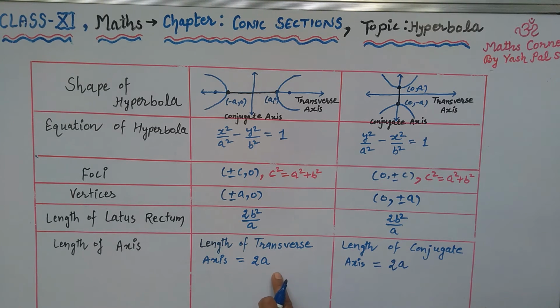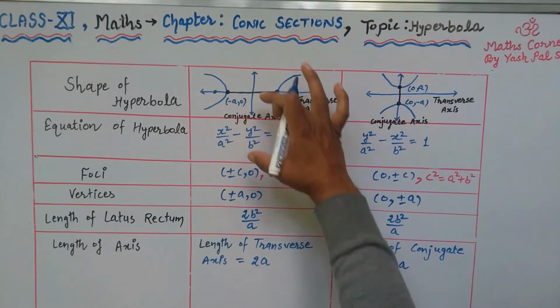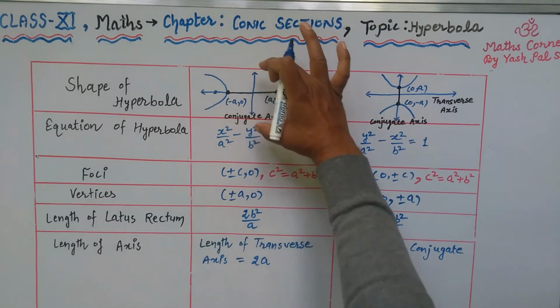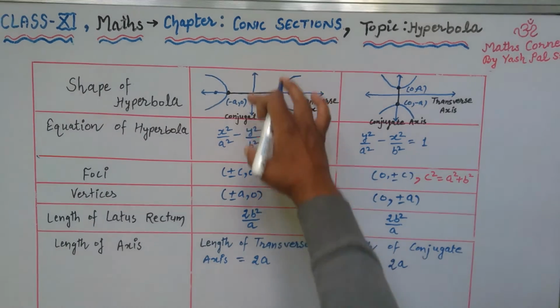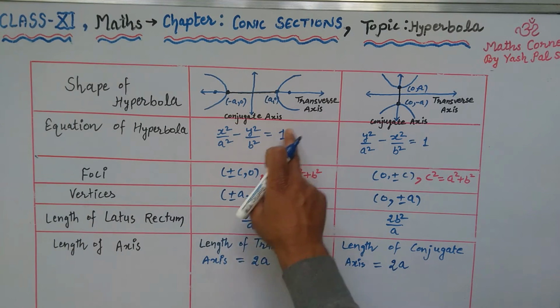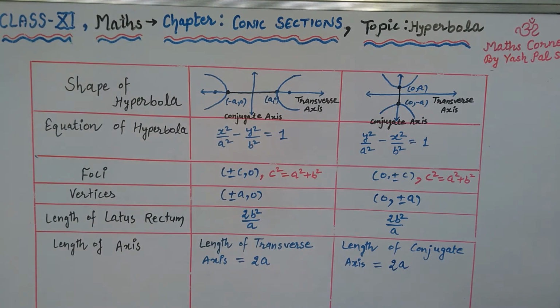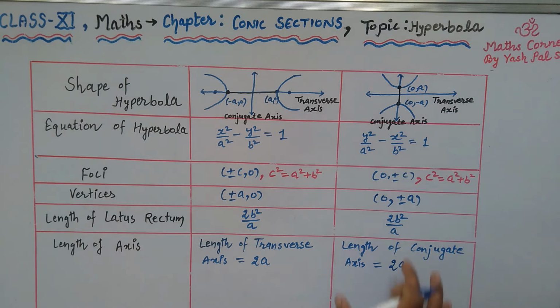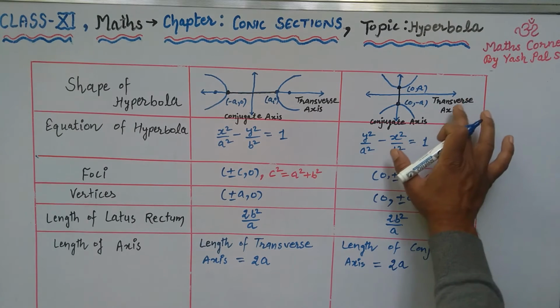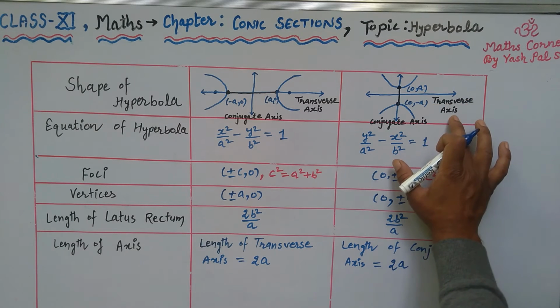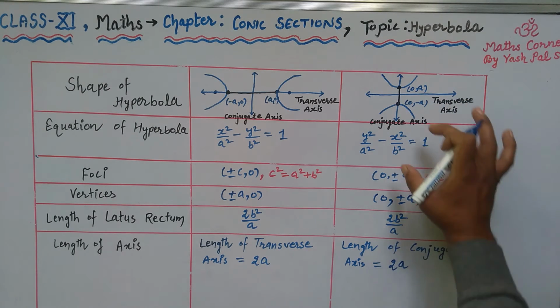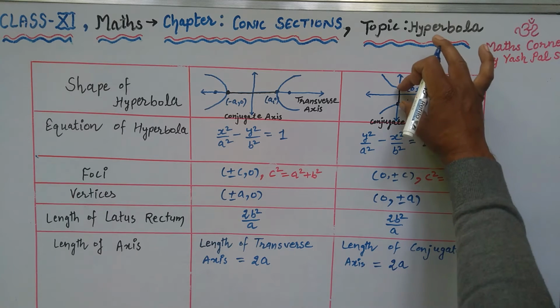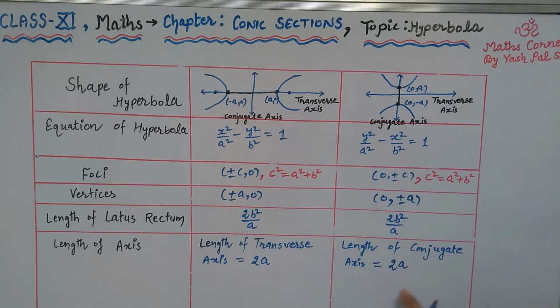Okay, this is very much clear that we cannot discuss in first case the length of conjugate axis, because we cannot measure the length of conjugate axis whenever we are talking of first case of the hyperbola. And in case of second case of hyperbola, we cannot find the length of transverse axis, only the length from this to this, that is the length of conjugate axis we can find.